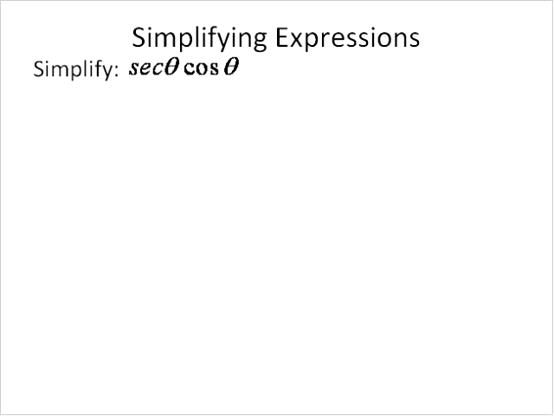So what I'm going to do is look at my formula sheet and realize that secant theta could really be written as 1 over the cosine. So I have 1 over the cosine of theta times cosine, which I could write as cosine theta over 1.